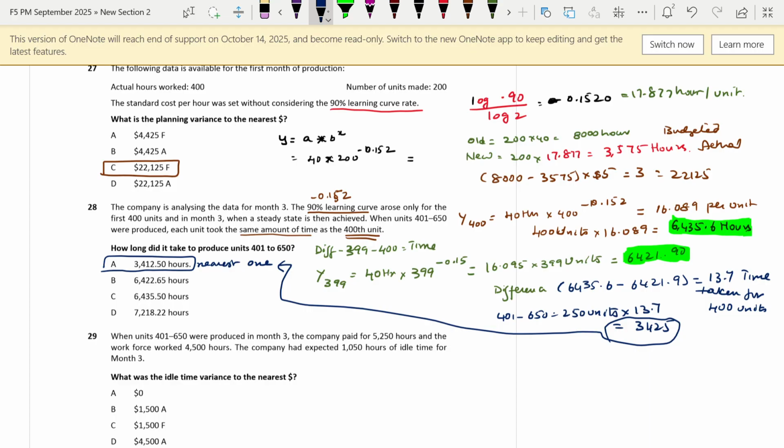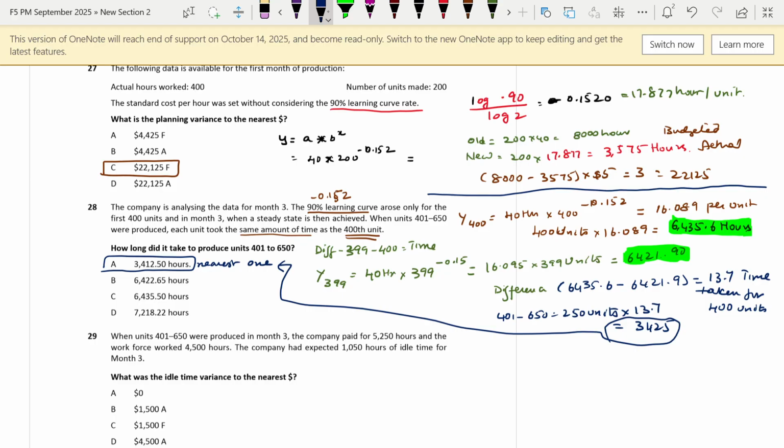Is it okay? So last step, 250 units. We subtract from 650, 650 minus 401. To 650, how much?